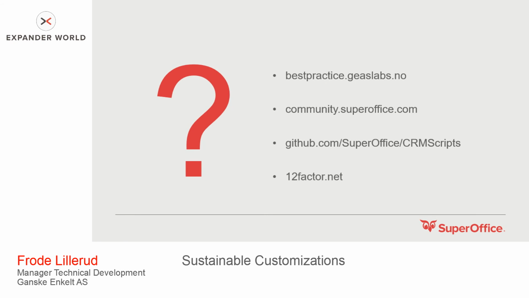We inherited a customer from SuperOffice. I think it's 1,200 users, which was heavily modified in web. And one of the things that they did was they made some fields in the user interface mandatory, like the sale source and the sale credited and some stuff like that.